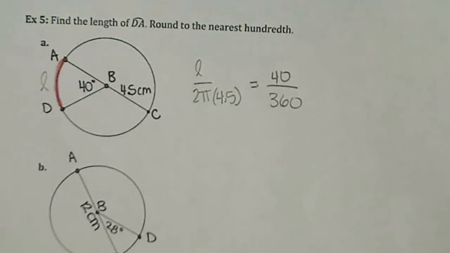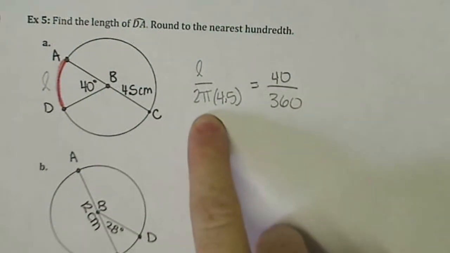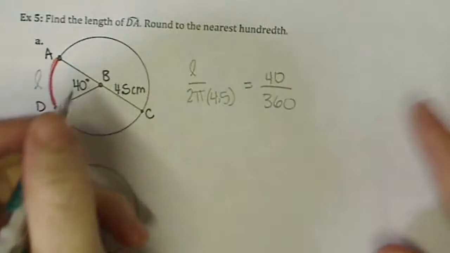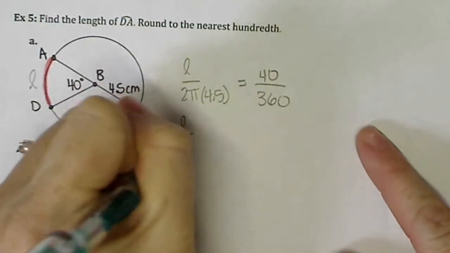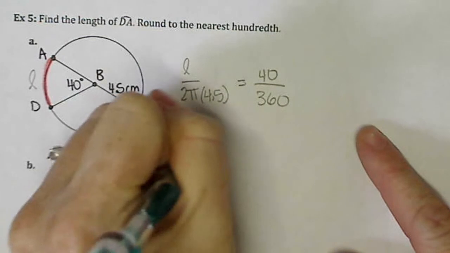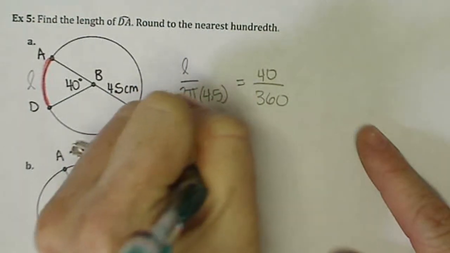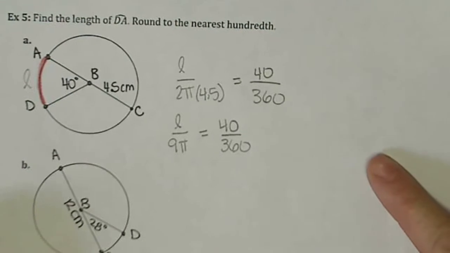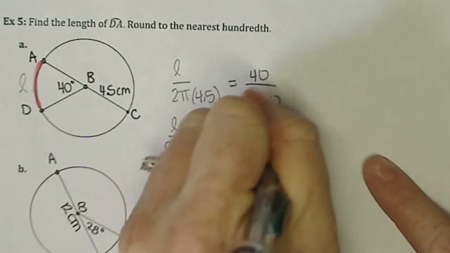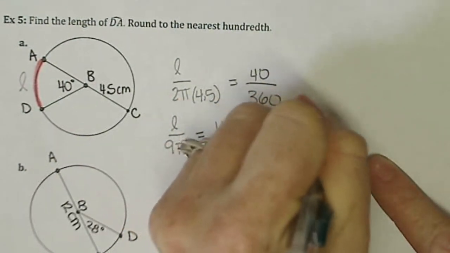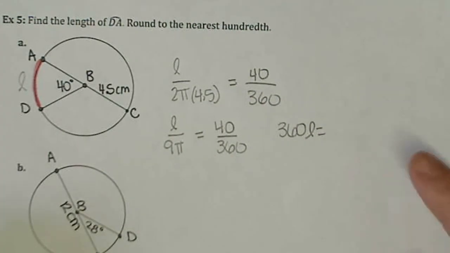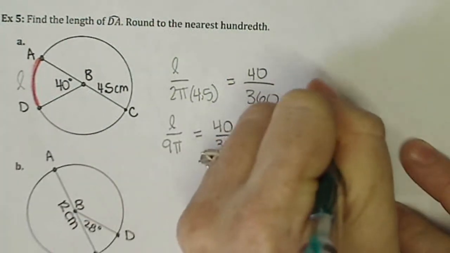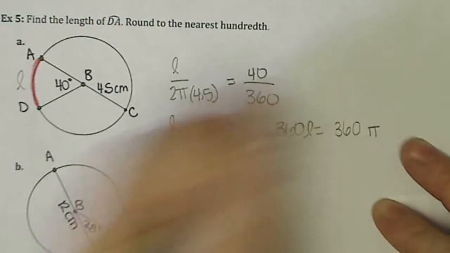Okay, so let's simplify down here first before we cross multiply. L over 9 pi equals 40 over 360. All right, let's cross multiply. 360L equals 360 pi.